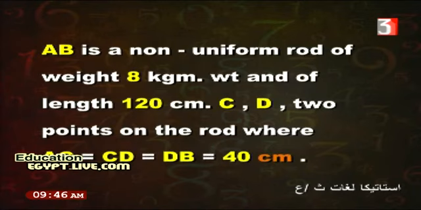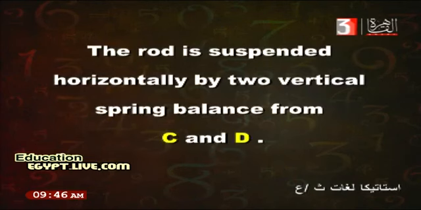We have C and D, two points on the rod where AC equals CD equals DB equals 40 centimeter. The rod is suspended horizontally by two vertical spring balances from C and D.